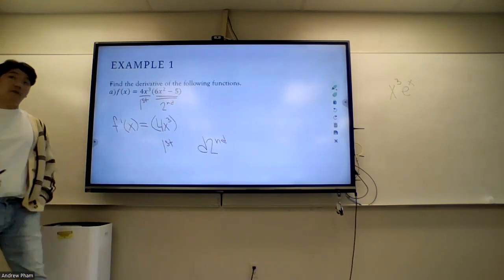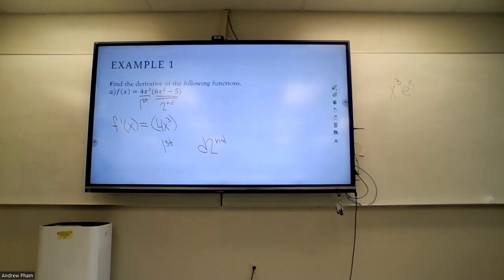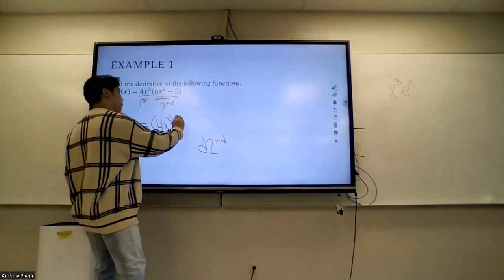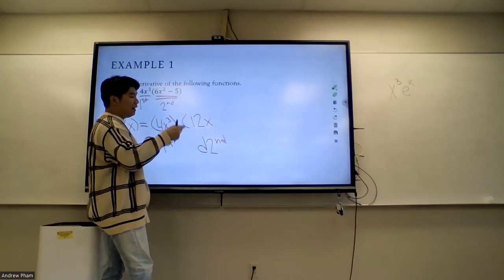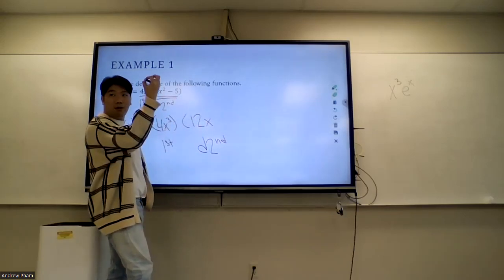What's the derivative of my second expression? Derivative of 6x squared: we have the power rule, which allows us to bring down the power, giving me 12x. Derivative of -5, that's a constant, which is 0.